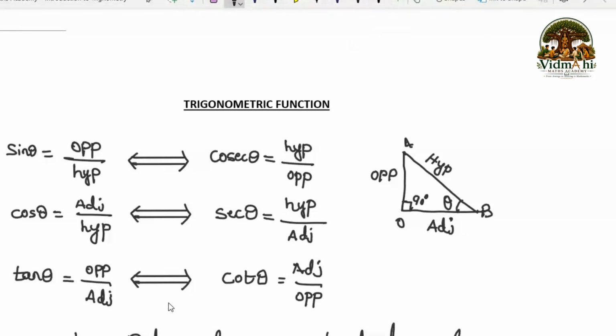Now, how to remember these trigonometric ratios?